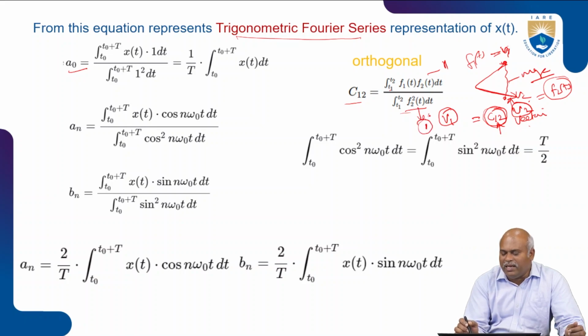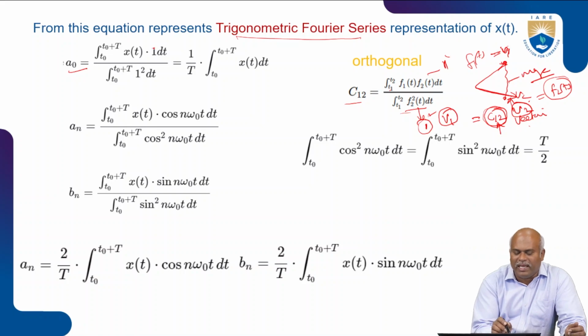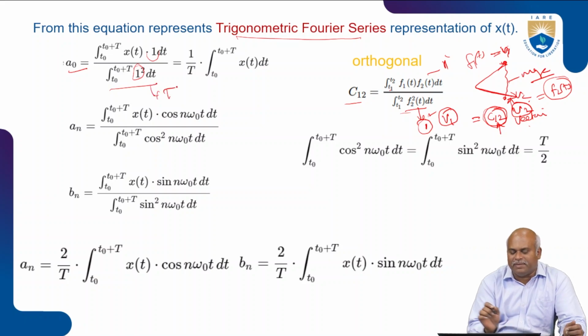This is 1 square, here it is represented as 1. Then we need to simplify for this case. If we integrate and substitute the interval, we get the output 1 by capital T times the integration of t0 to t0 plus T of x of t dt.